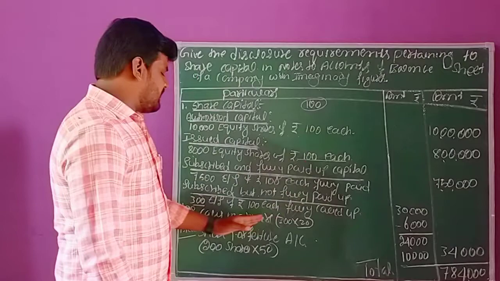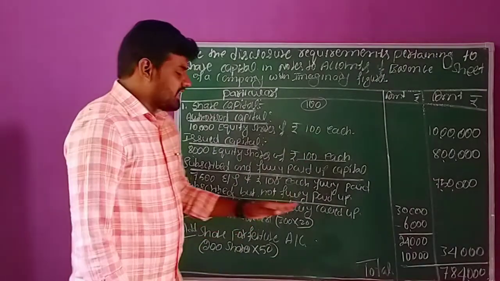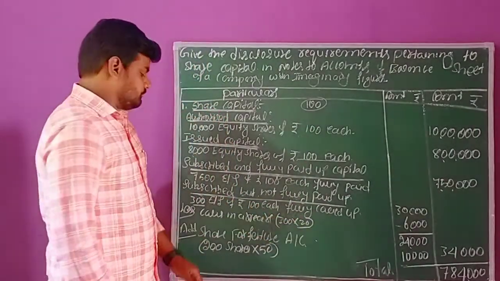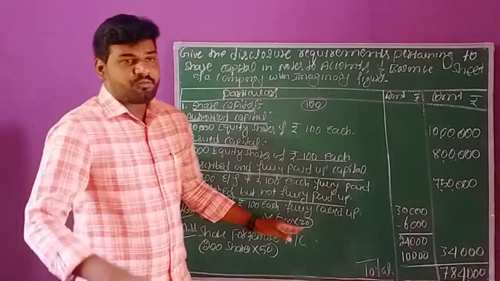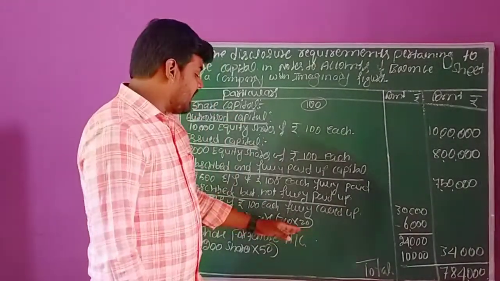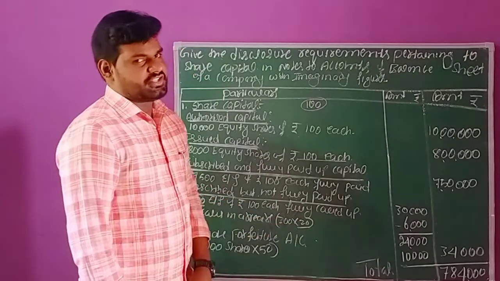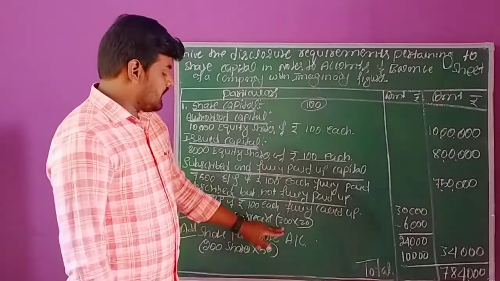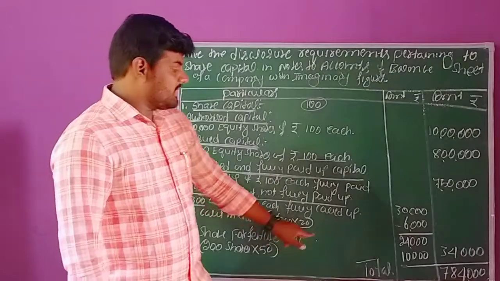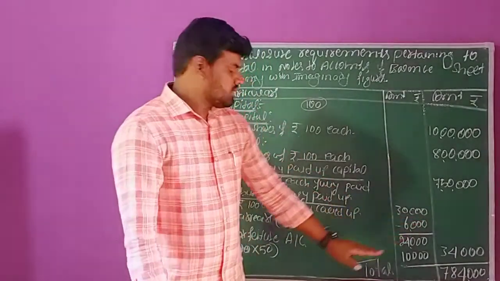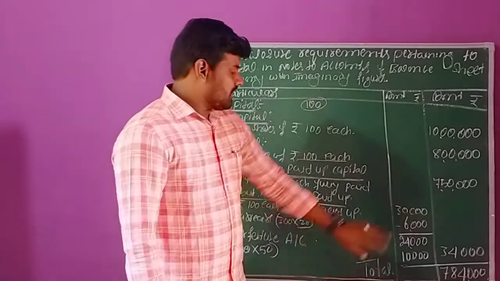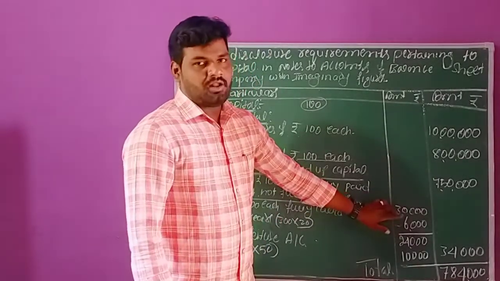But as of now, we are just taking one example. In the final call only they are not paying. So calls in arrears: 300 shares at the time of the final call they are not paying, 300 into 20 per share means 6,000 rupees we are not receiving from the public, right? So total 30,000 rupees, this is the receivable amount.